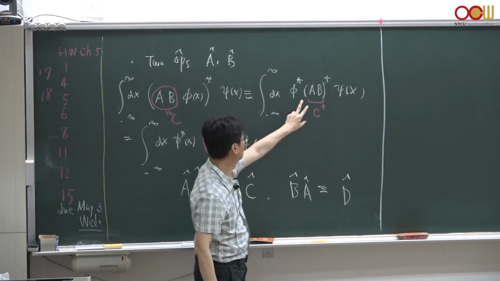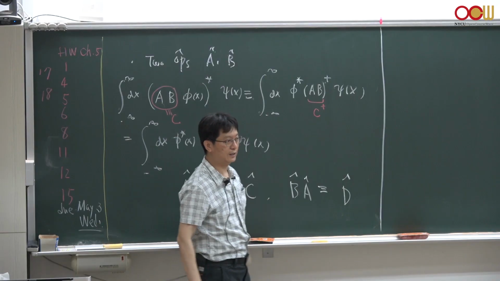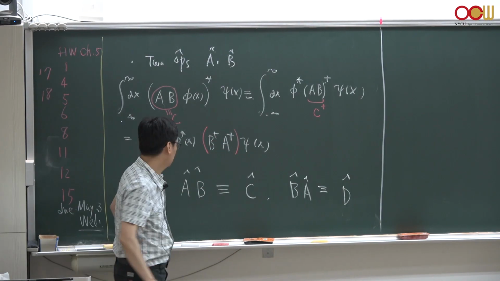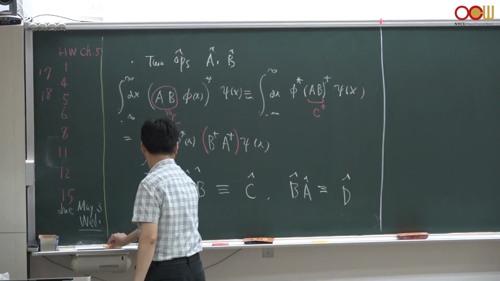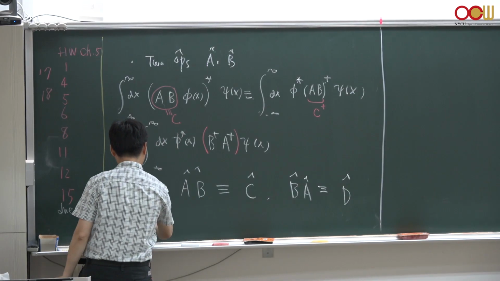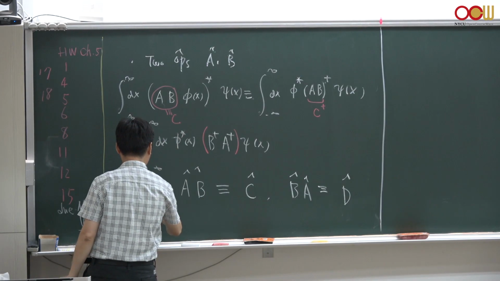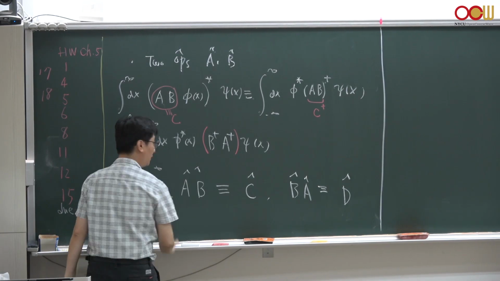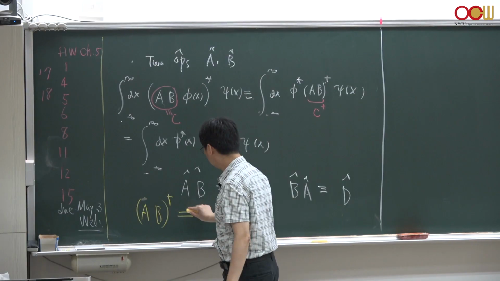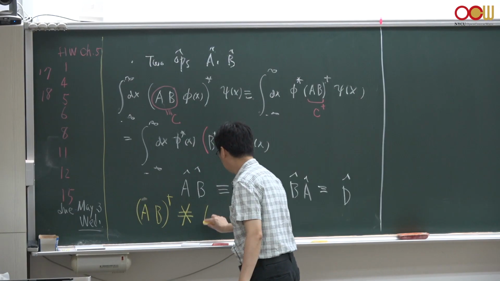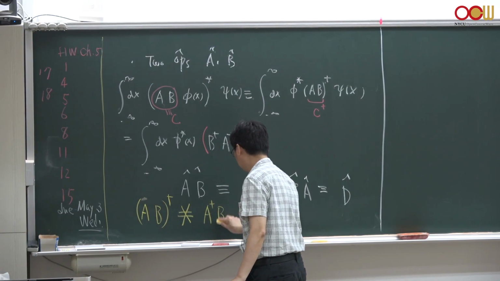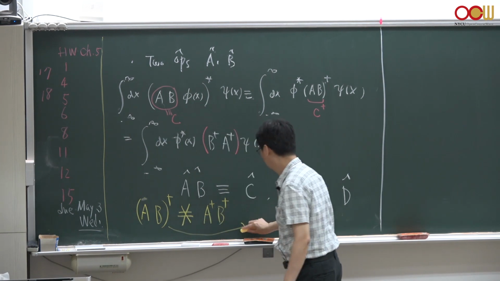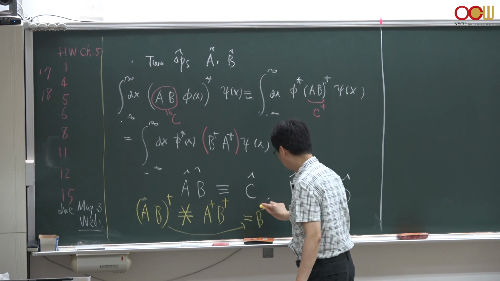You need to switch the order between A and B and then put the dagger on both operators. In other words, it's very important to understand that this AB dagger is not necessarily the same as A dagger B dagger, but it's really B dagger A dagger.